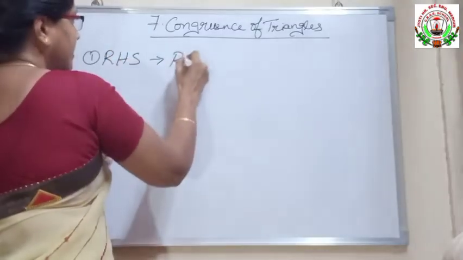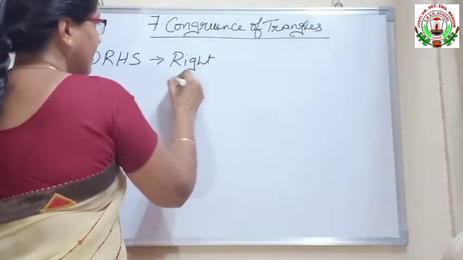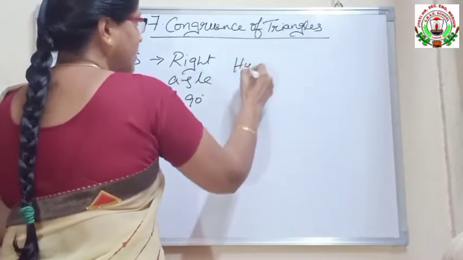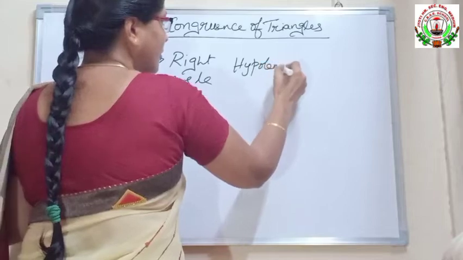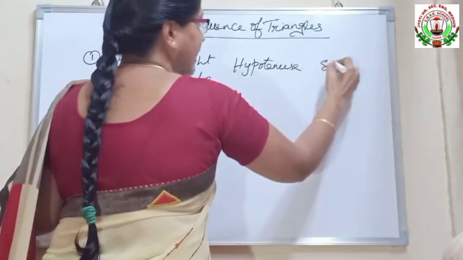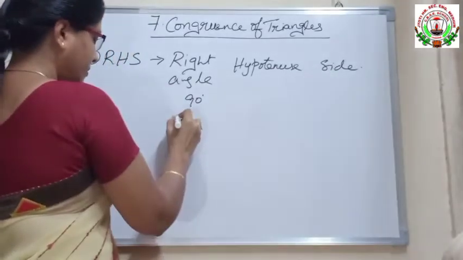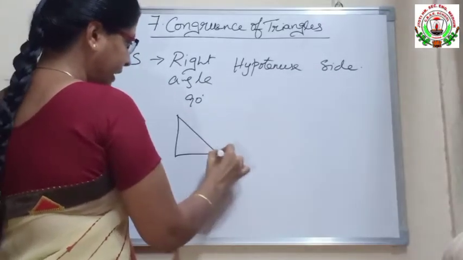RHS. R stands for right angle, means 90 degrees. H stands for hypotenuse, and S stands for side. Right angle, hypotenuse, side means I am taking a right angle triangle.